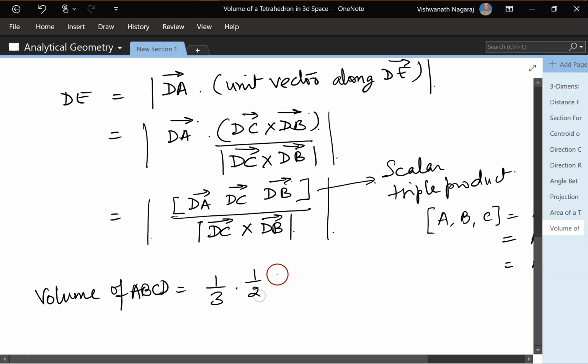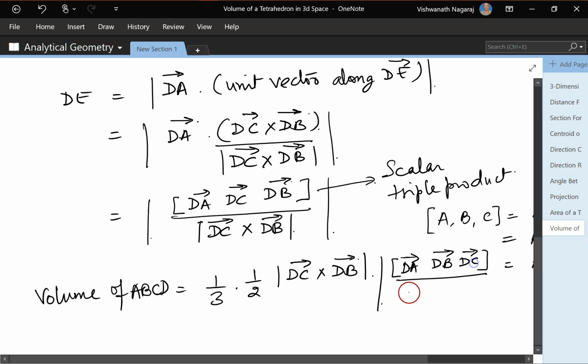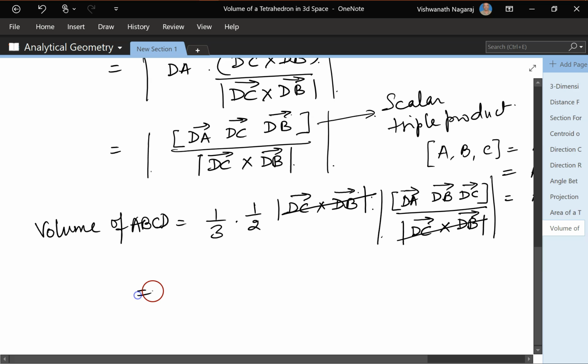The area of the base is half times the magnitude of DC cross DB, times the height, that is DE. Now DE is the magnitude of DA, DB and DC divided by the magnitude of DC cross DB. This and this get cancelled out and we are left with 1/6 of DA, DB and DC.